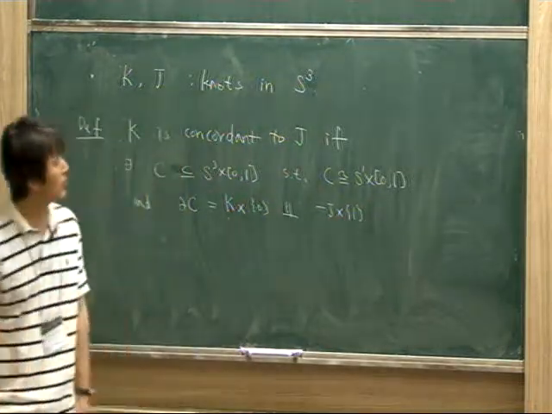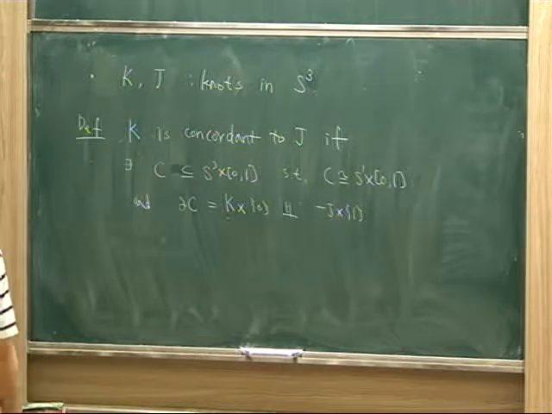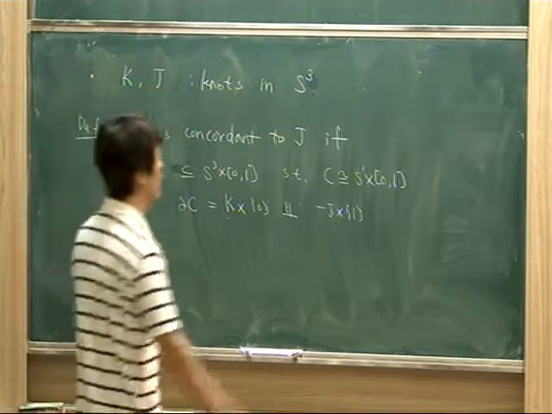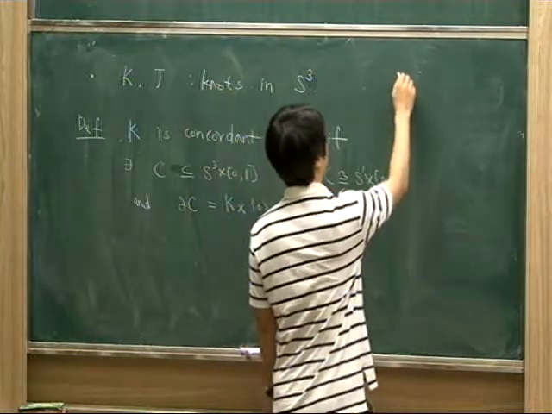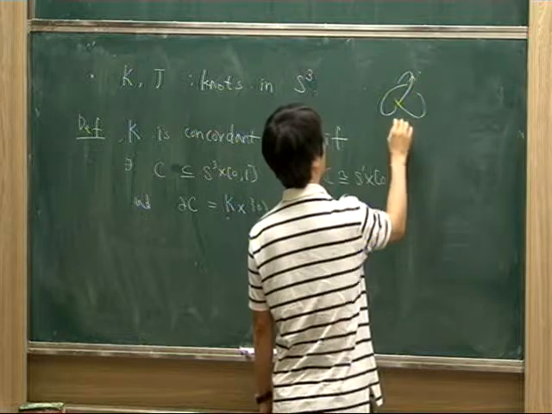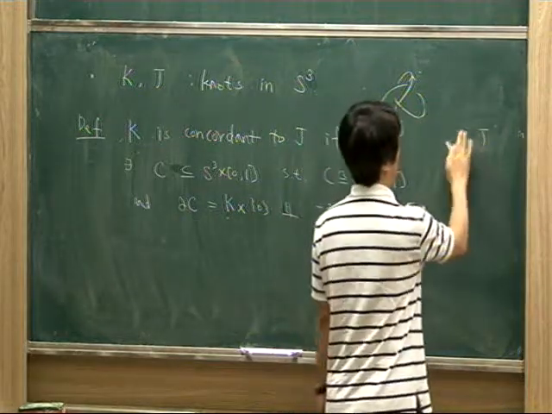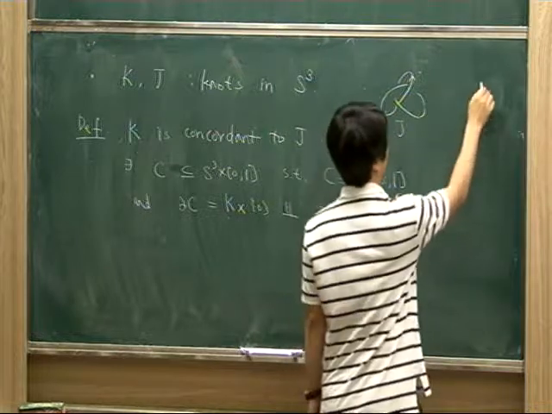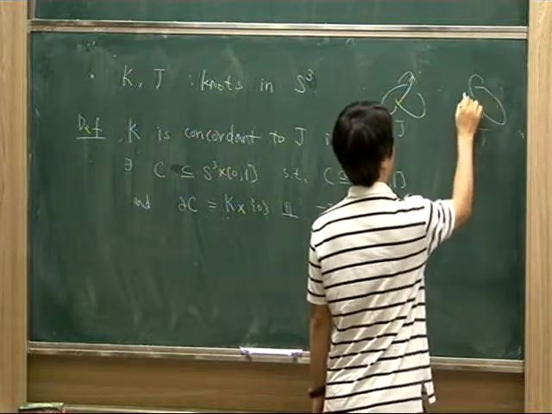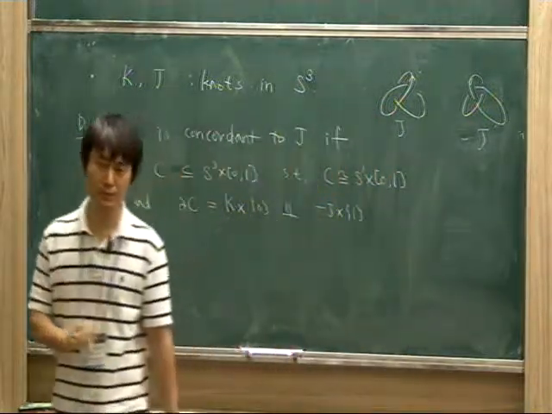Here by minus J I mean the mirror image of J with reversed string orientation. So, for instance, if you have just a trefoil with this string orientation, then by minus J I mean just take the mirror image. So you have a left-handed trefoil and just reverse the string orientation.